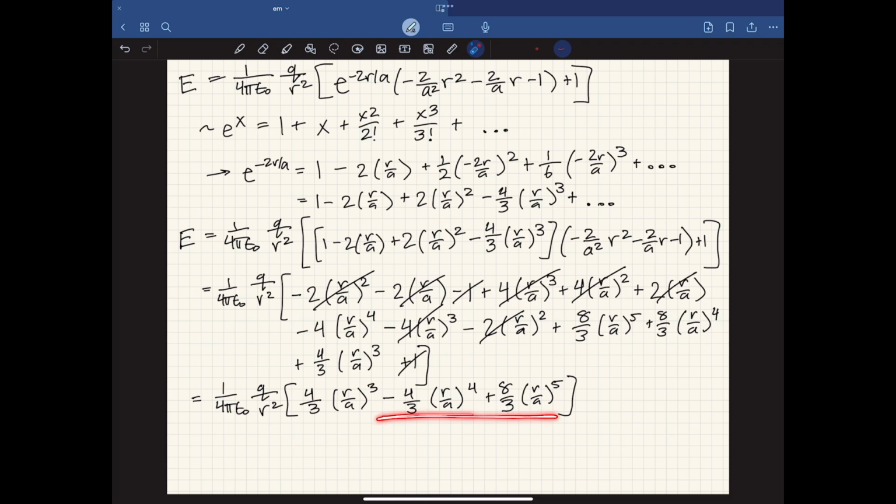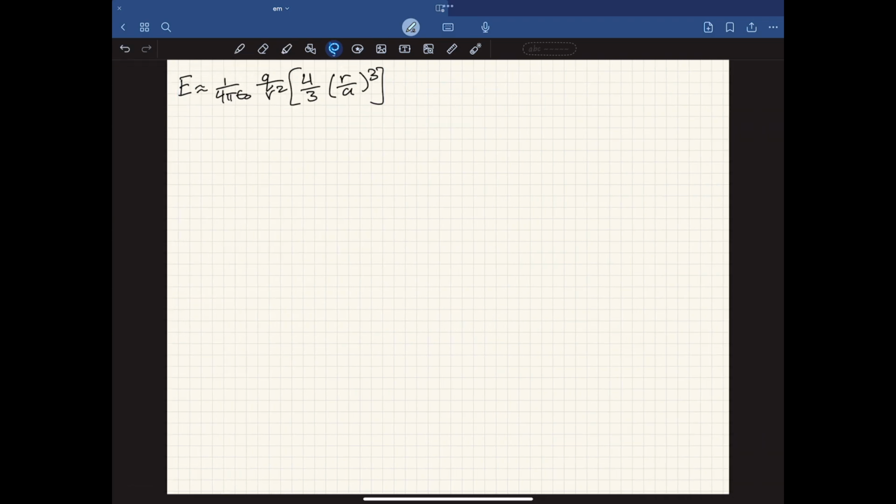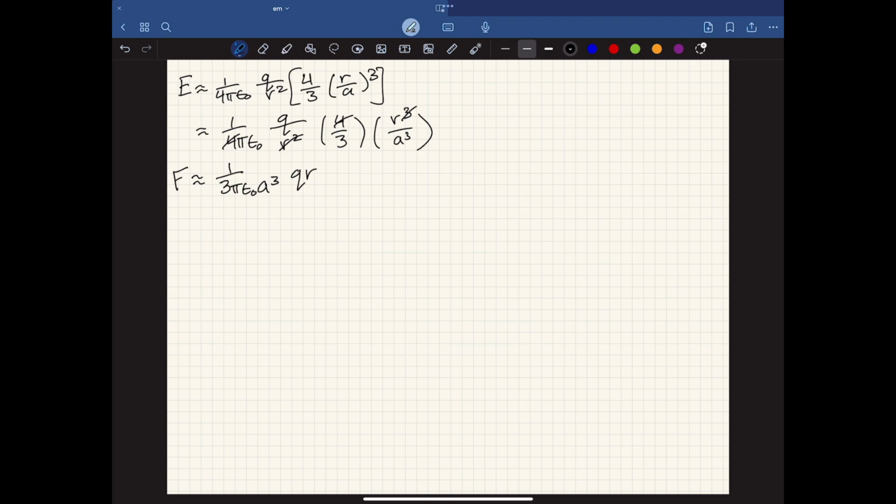These terms at the end are very small numbers, so negligible for our case. So this is what we get for our electric field.